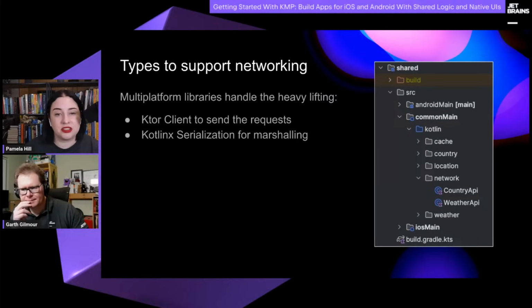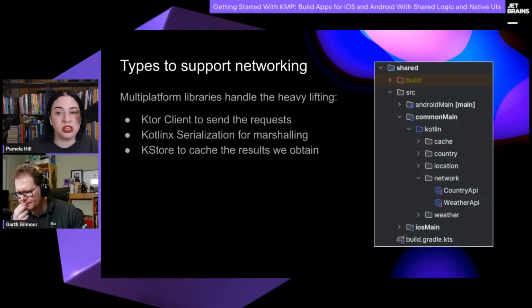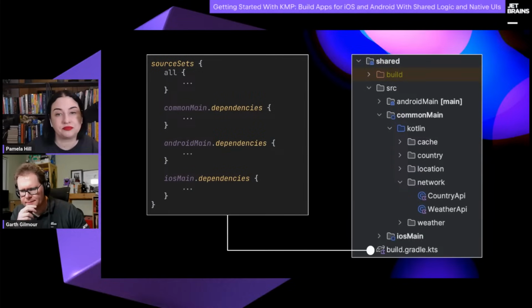Kotlin serialization for doing marshalling between the JSON data that comes back and Kotlin objects, and KStore to cache the result that we obtain. So after we've retrieved them, we will have a list of countries as Kotlin objects, but then we want to save them into a file, and we will use KStore to do that.